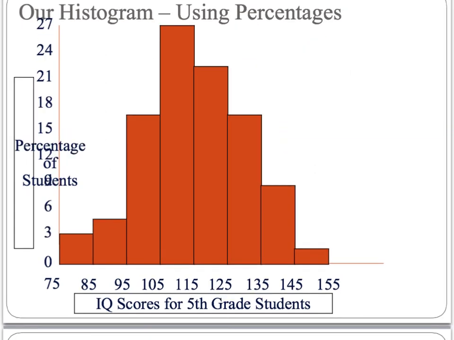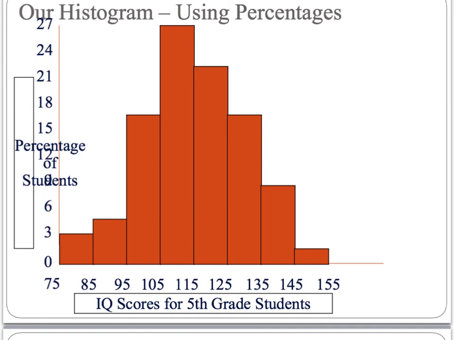And now this histogram differs from the first one in that it uses the percentages or the relative frequency. And so this is the only thing that changed over here. Instead of counts, we have percentages, as our axis says. And it's roughly the same for the size of the, or I guess I should say height.